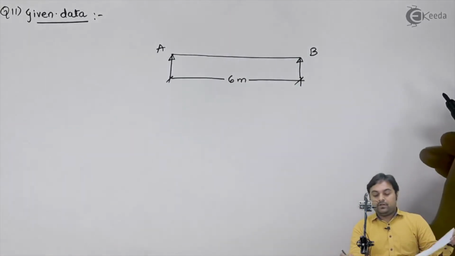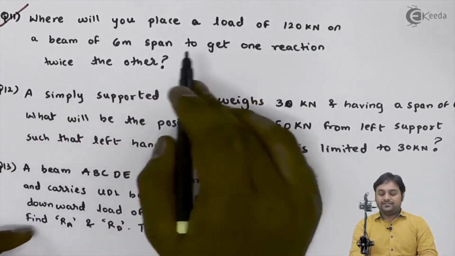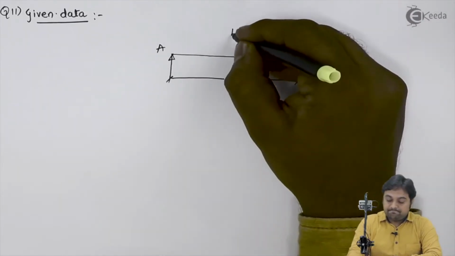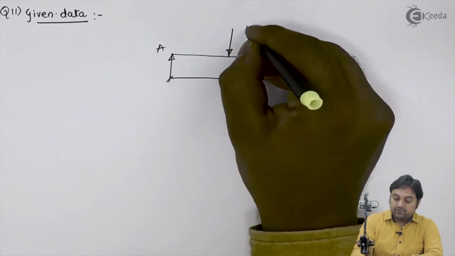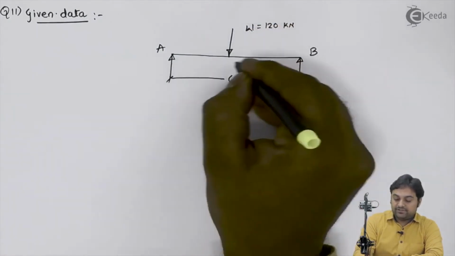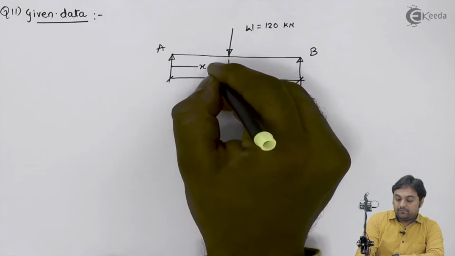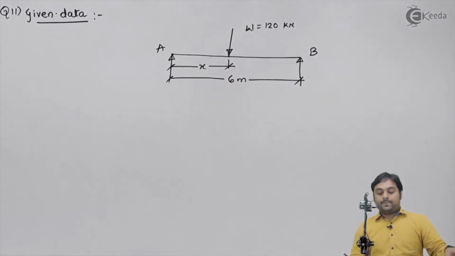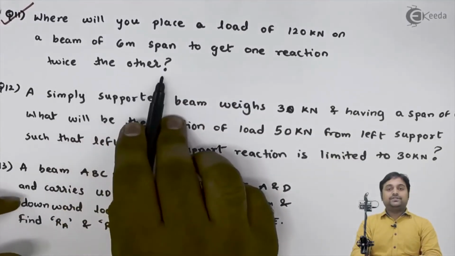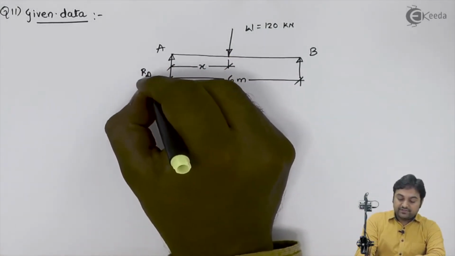Now, it is said, where will you place a load? Where means the distance. Load is 120 kilonewton. So this load I will call 120 kilonewton, and since the distance is not given, I'll say that it is at x distance from point A. To get one reaction twice the other, since it is a simply supported beam, we would have two reactions at the ends.